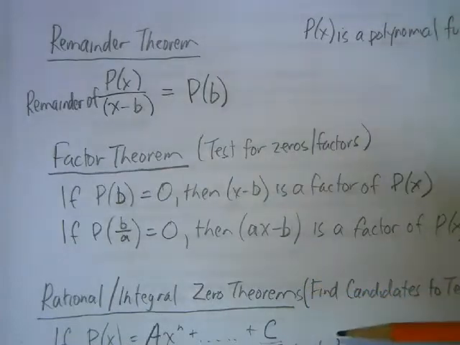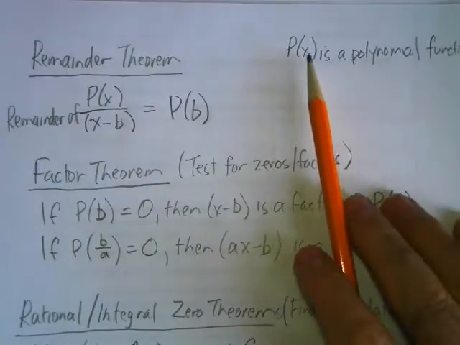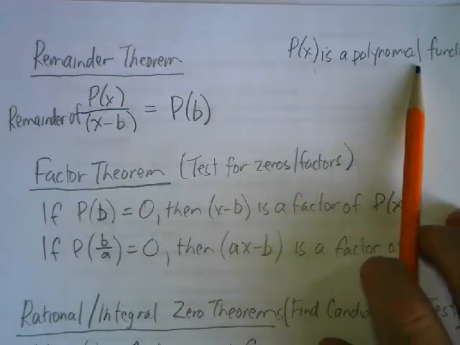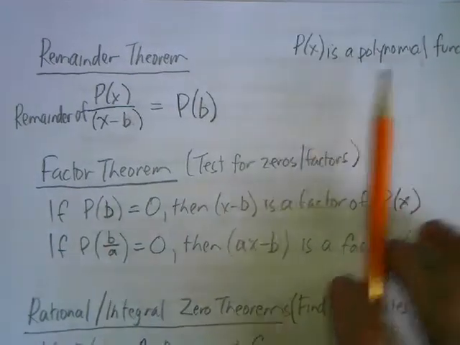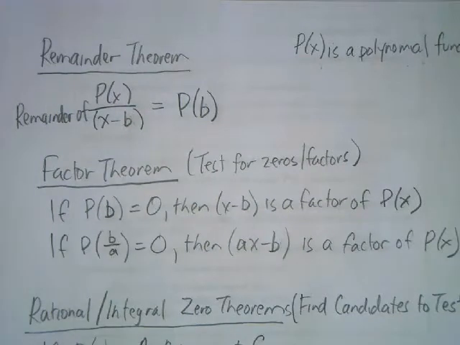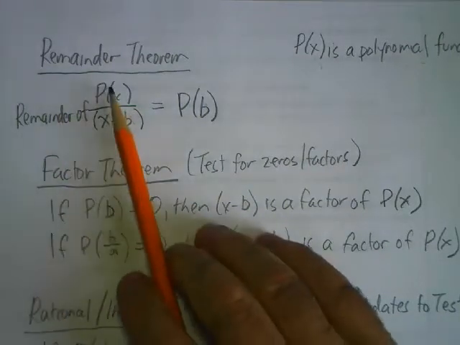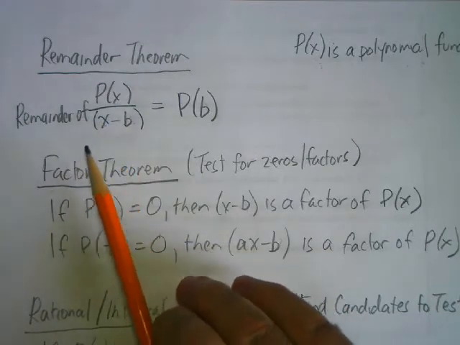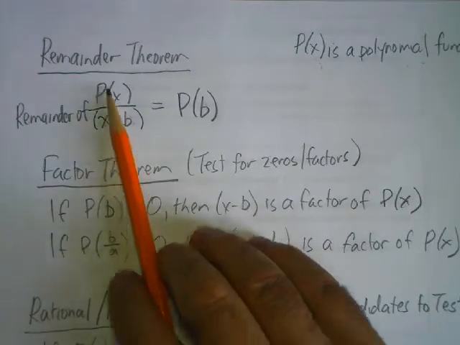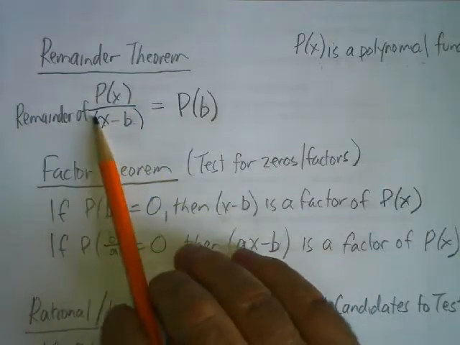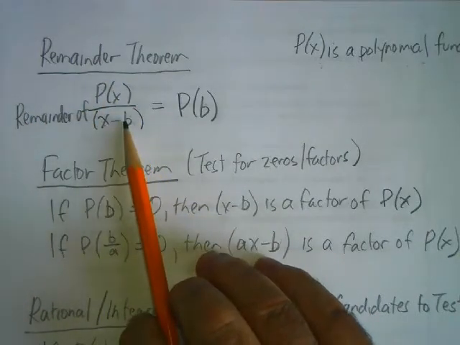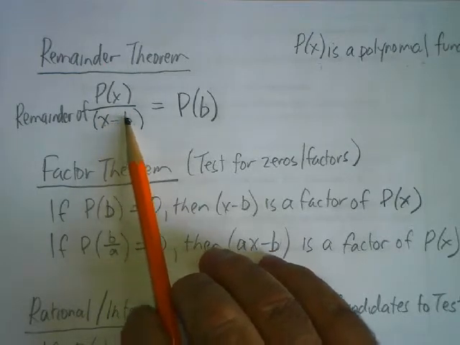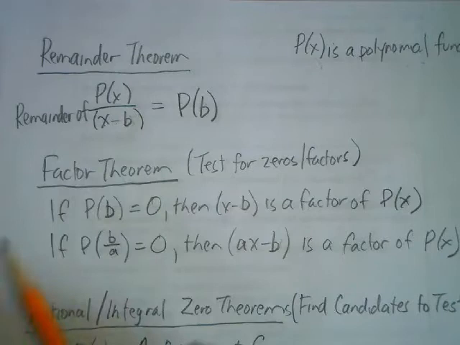So I'm going to start off with basically capital P of x. That just stands for any polynomial function, and you know what those are. So we've seen when we did our division, when we took a polynomial and divided by a factor, if we got a result, if we took the remainder of that, if that remainder was 0, we knew that that divides in evenly, and then we learned that x minus b is a factor.